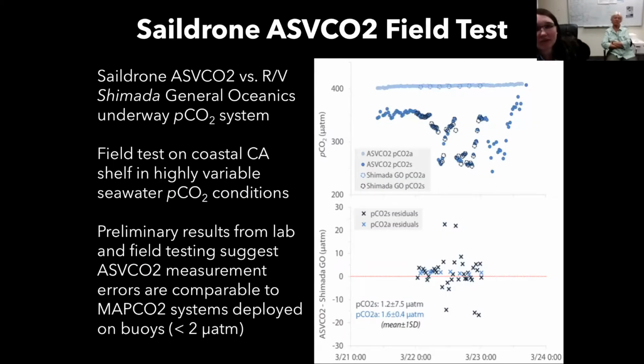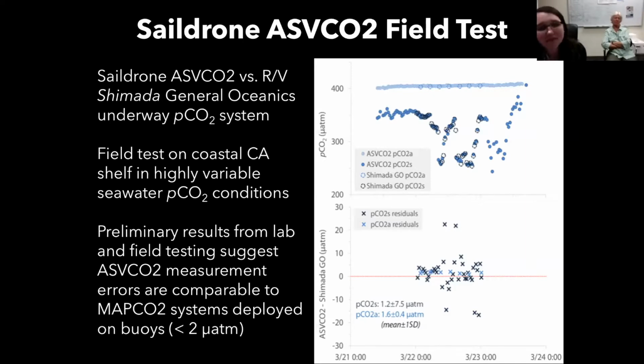We did a brief comparison to the underway CO2 system on the RV Shimada, and overall it looks pretty good. For those of you who are interested in carbon system measurements, it looks like we're going to be able to collect climate quality data with the sail drone, which is really exciting. So we're hoping to contribute to ocean acidification studies by running that repeat DBO4 transect with the new CO2 system.